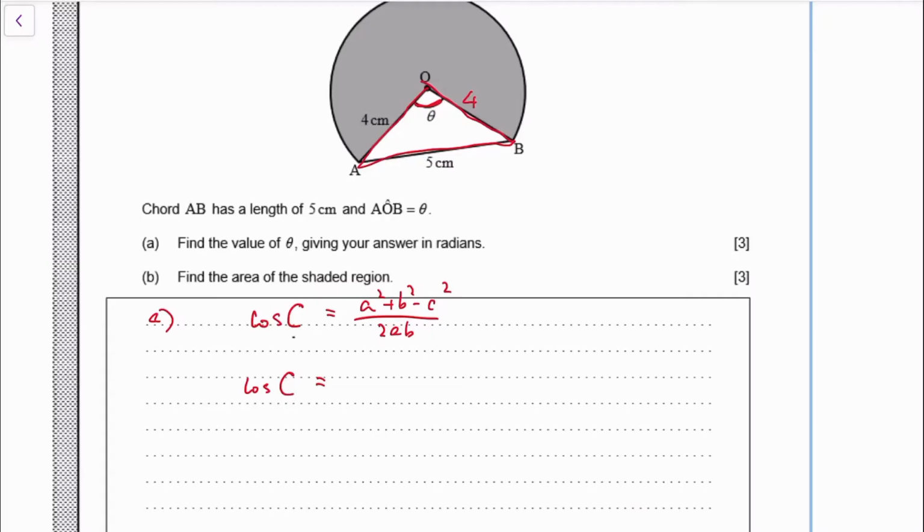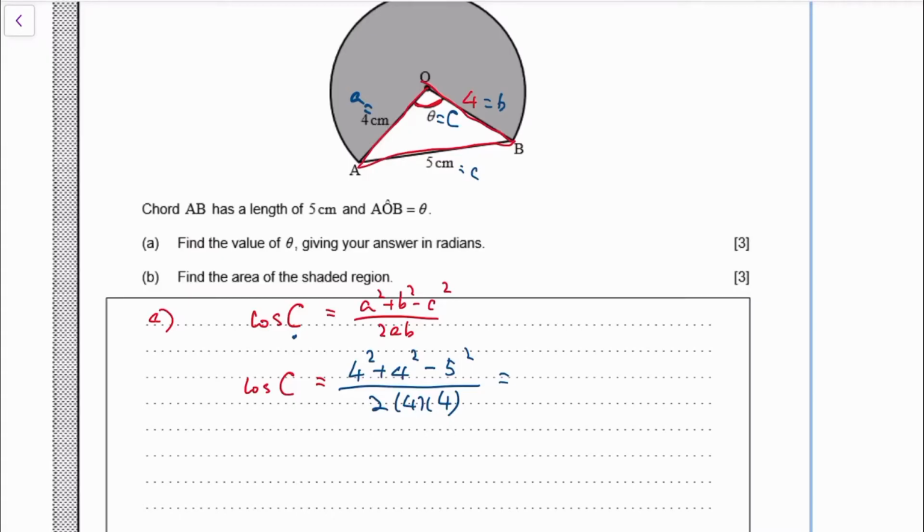The key is the angle that you're looking for has to be capital C. Then small c has to be opposite to capital C, so this is small c. Then the rest are A and B. Okay, so we just plug numbers in. B is 4 minus C plus A.